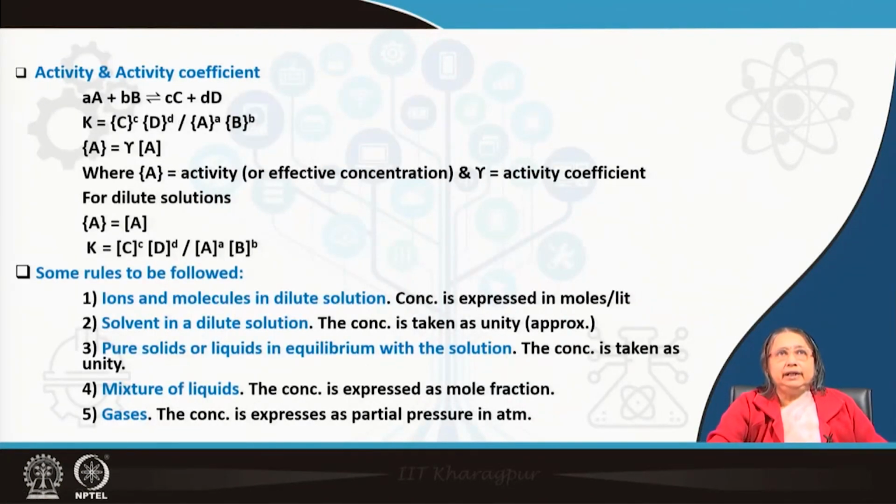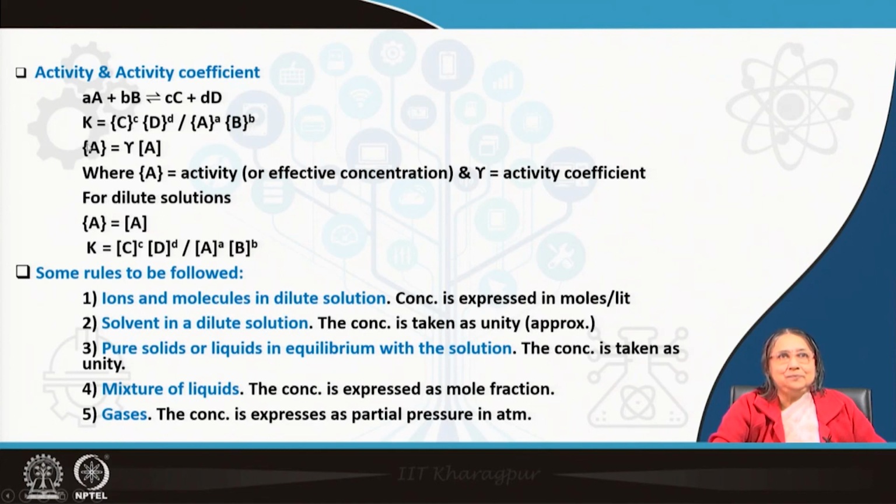Now, if we want to use more accurately, we will use the activity term. Then for the reaction where a moles of A react with b moles of B and produce c moles of C and d moles of D, K should follow this expression. That means, with the second bracket, it is the activity. So, in all cases we have to use the activity terms.